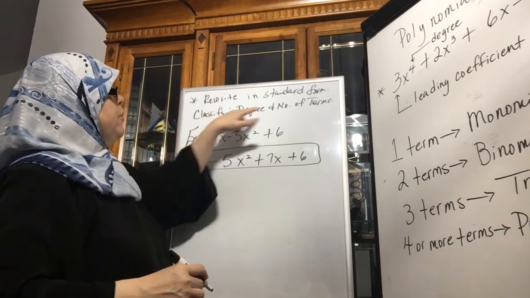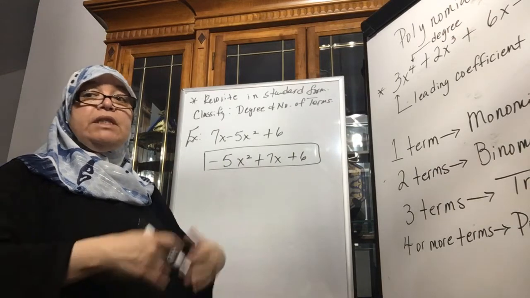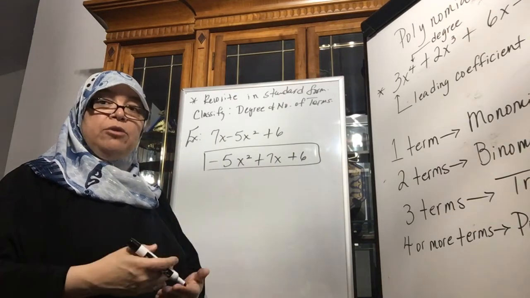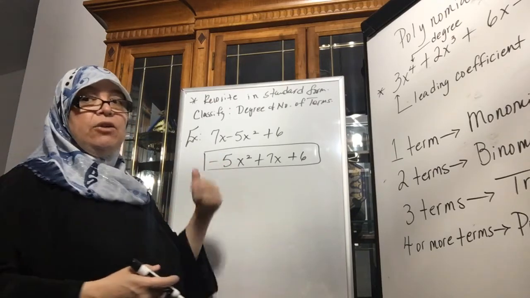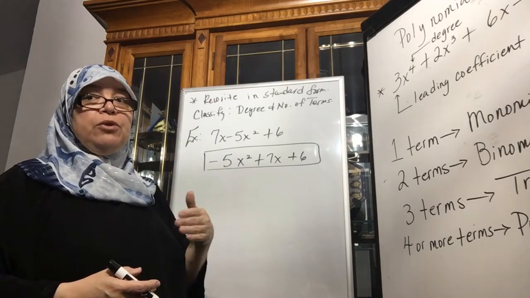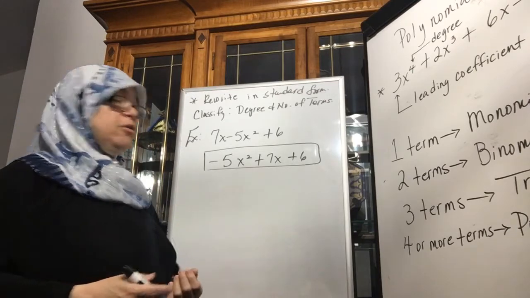We're going to do it by degree and then number of terms. The degree is a square, or it's a second degree. Now, in algebra, when you're dealing with polynomials, we're not going to call it a second degree polynomial or trinomial or monomial. We're going to call it a quadratic.